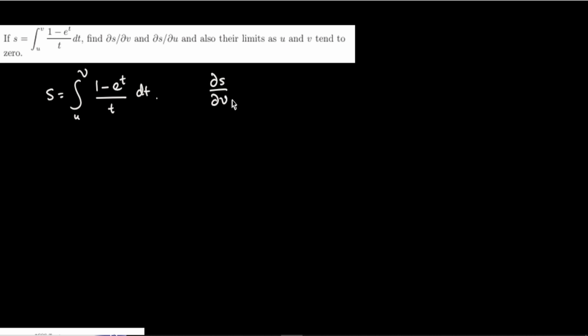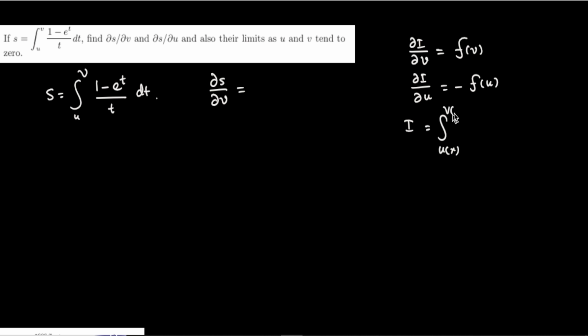Del s by del v, we have done it earlier. Del I by del v gives us f of v, and del I by del u gives us minus f of u, where I is the integral from u of x to v of x of f of t dt.